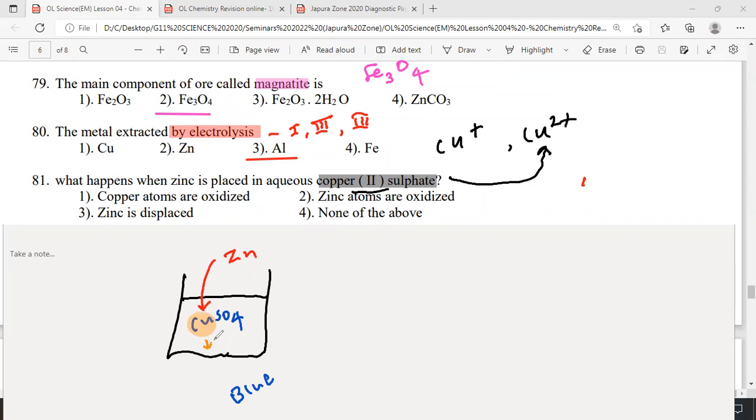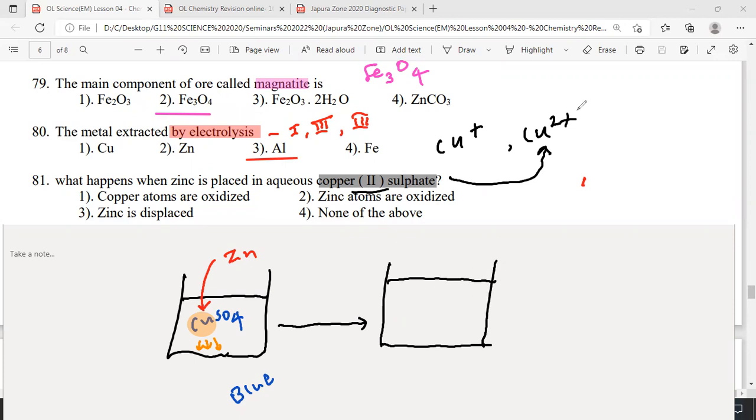So copper deposits, and the copper is replaced by zinc, then copper sulfate becomes zinc sulfate. You can make a small sketch of this diagram because there are a lot of observations here, and this reaction is a single displacement reaction. You can remember the oxidation reduction. This is a very good question they could ask in the exam. So what happens?